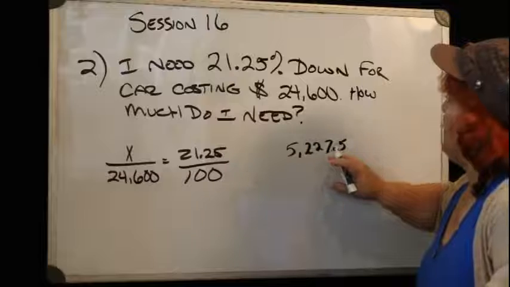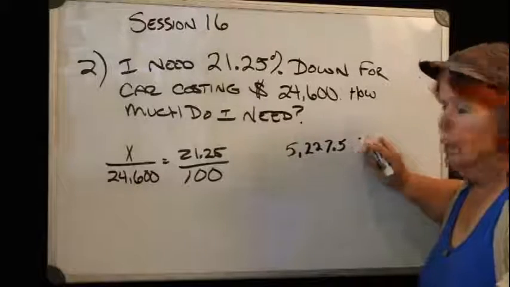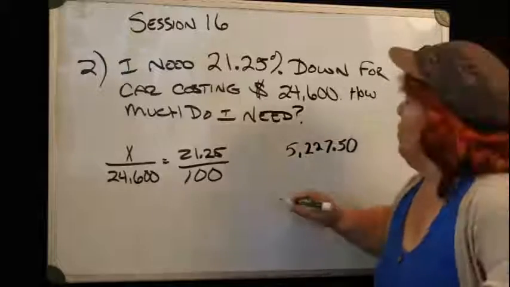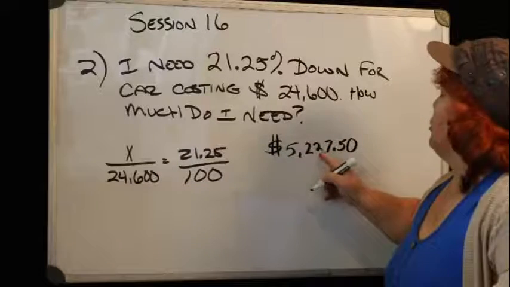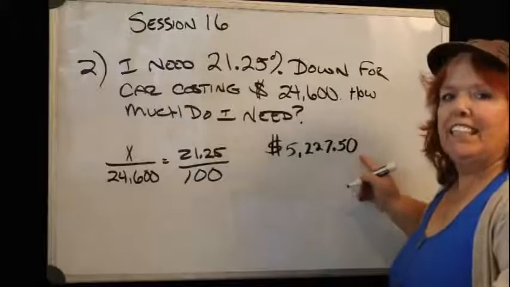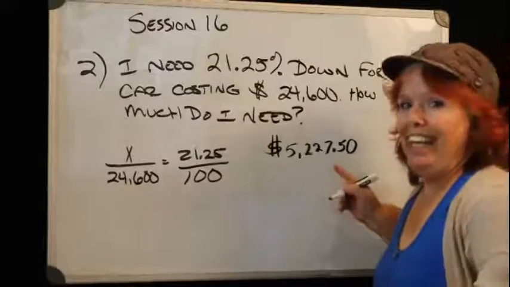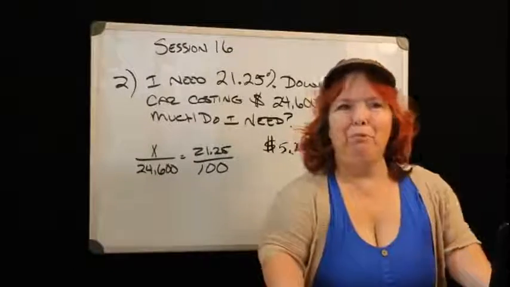I know that this .5 doesn't have a hundredth column here, so I'm going to add a 0. So it's $5,227.50. If you don't get that 50 cents, they're not going to give you the car. Okay? All right. So we'll move on to number 3.